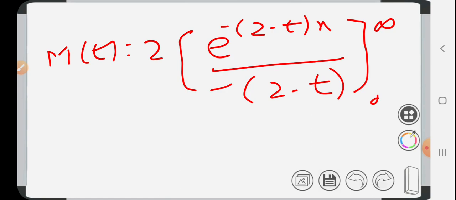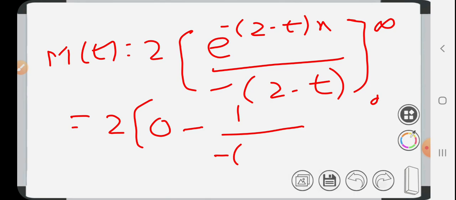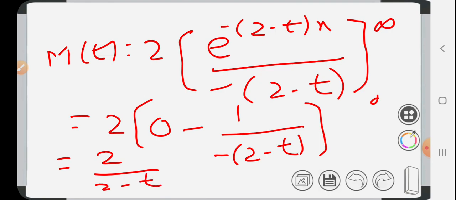Now if I put infinity, it becomes 0 because e is raised to minus there. So for infinity put 0, and for 0 it is 1. If I put x equal to 0, I get 1. So here minus of 1 upon minus 2 minus t. So what is our answer? 2 upon 2 minus t, because minus minus becomes plus. So this is our m of t.